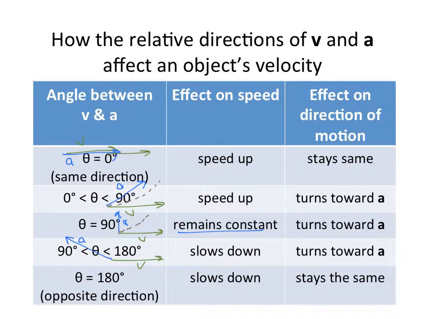So therefore, your velocity is going to slow down. It's going to get less and less. Even so, since it is off axis from the velocity, the object is going to turn towards that direction of the acceleration. All right, the velocity direction will change, even though the velocity is slowing down. The direction will change as well. It's going to move towards that acceleration.